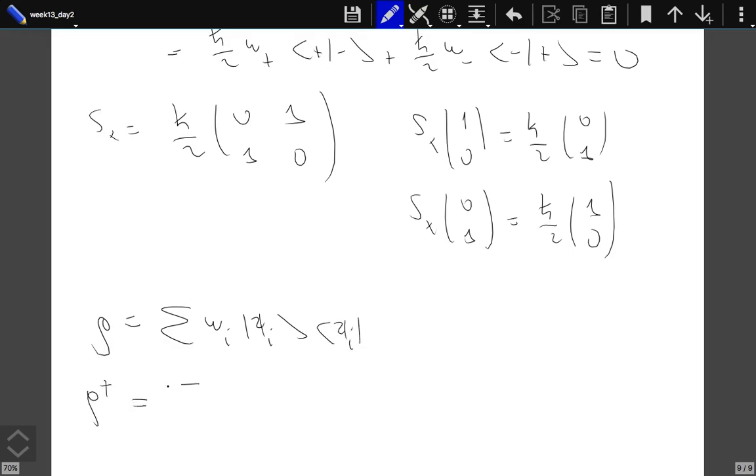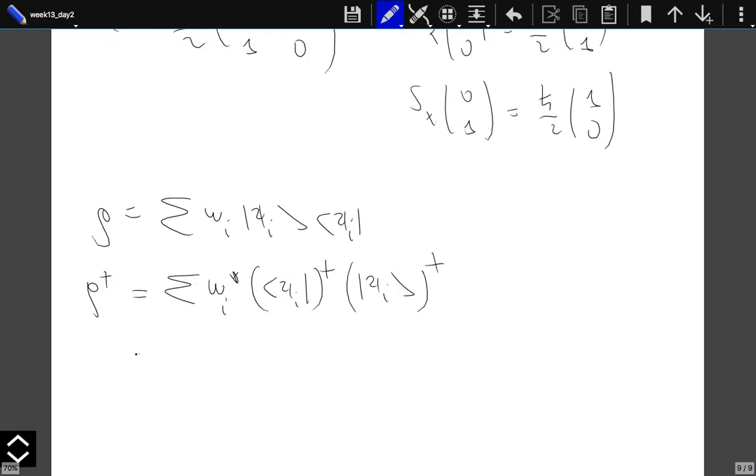If you take rho dagger, this is omega i complex conjugate times the dagger of each one, but the omega i's are nothing but classical probabilities, so they are real numbers. The dagger of the ket is the bra and the dagger of the bra is the ket, which is nothing but rho. So rho dagger is equal to rho.